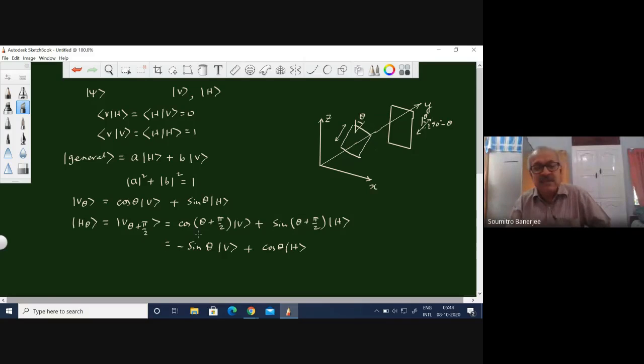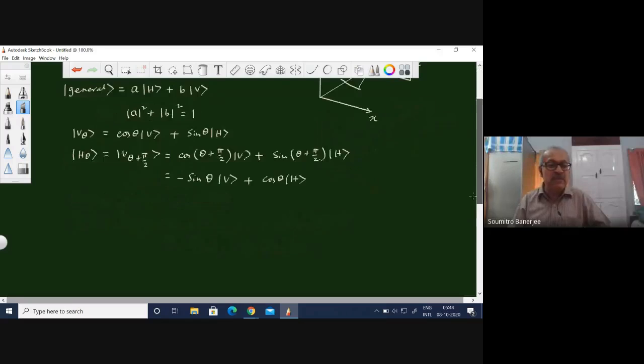So everything we are expressing in terms of the vertical and the horizontal. So vertical in the direction of theta, horizontal in the direction of theta. Is that clear now?